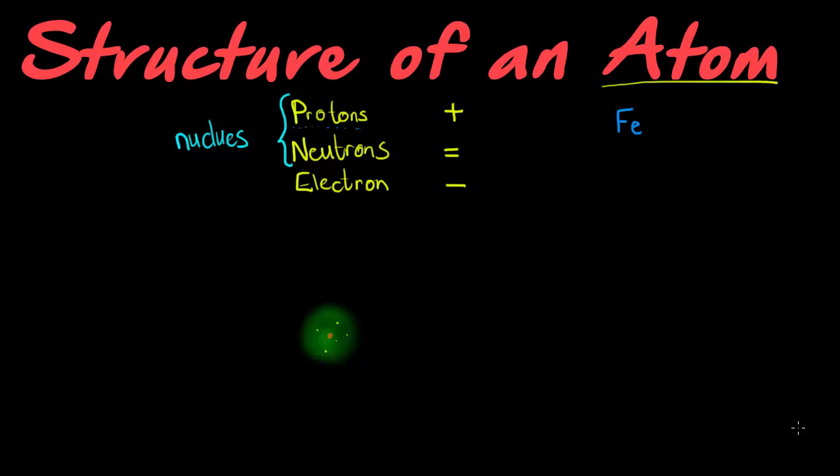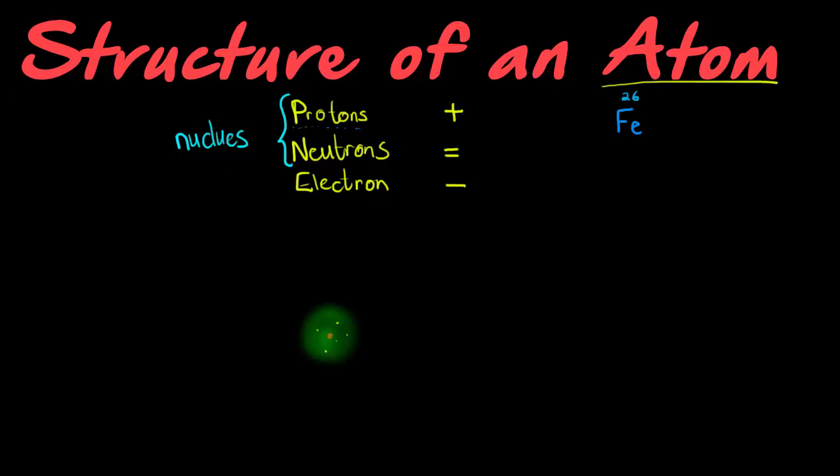Now, iron itself has 26 protons. That means if I were to look in this nucleus and count the number of protons, I would count 26 protons. Any other iron atom will have the same number of protons. It might not have the same number of neutrons, though it is probable and very likely that it does have the same number of neutrons in the nucleus.